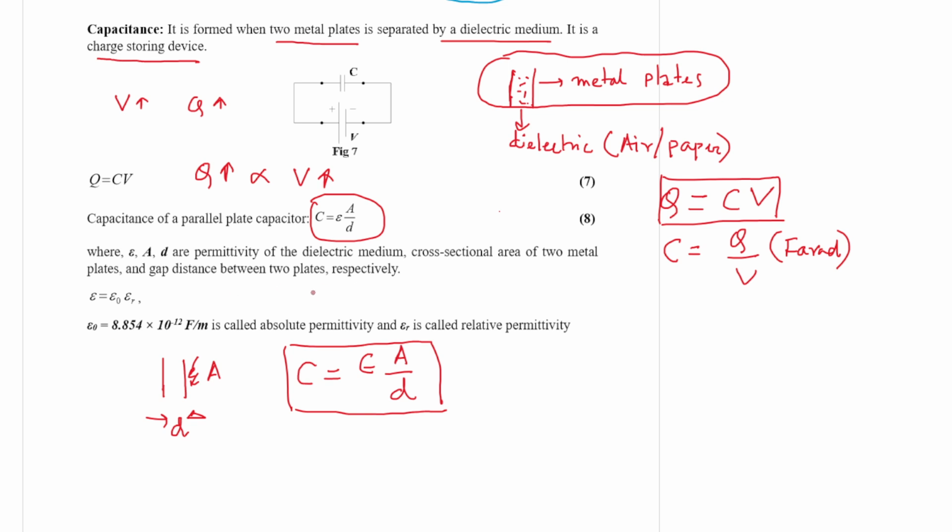What is this epsilon? Epsilon is called the permittivity of the dielectric medium. A is the cross sectional area and D is the gap distance between two plates.